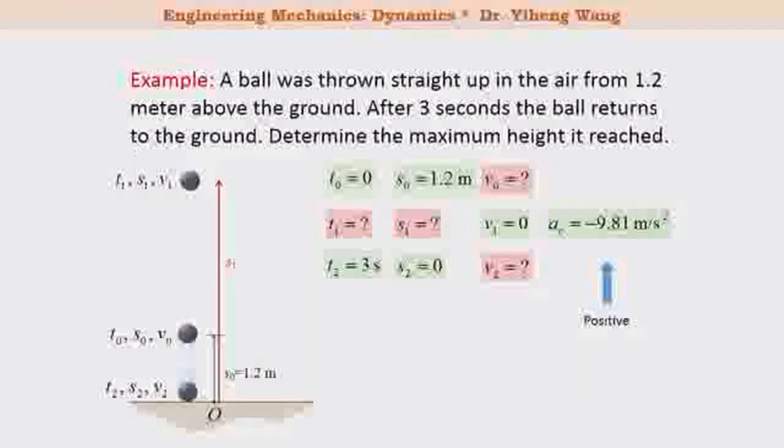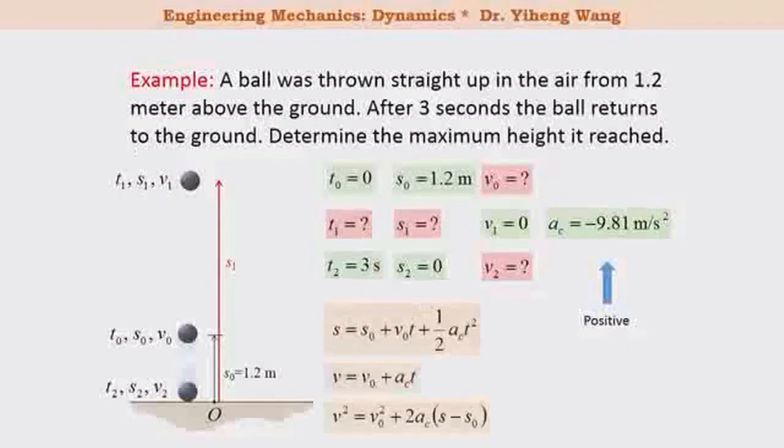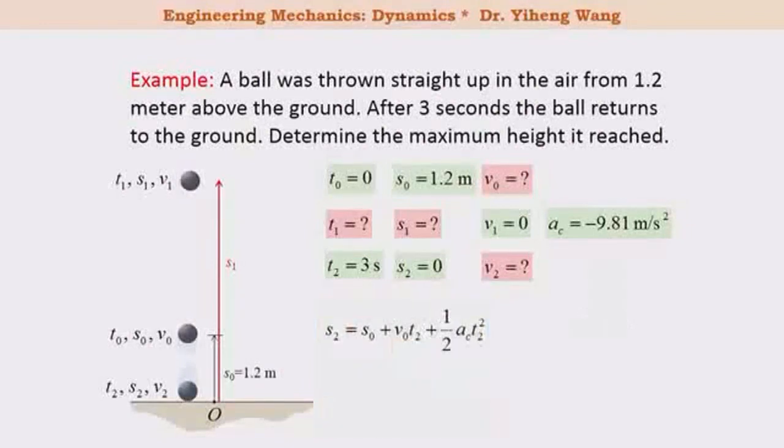And now we know it is a problem involving constant acceleration. Don't forget we have three equations to use. By examining the known information, it seems that we need to solve this problem in more than one step. There are different approaches, and this is what I did. I applied the first equation between the initial position and the final position and solved for the initial velocity to be 14.3 meters per second.